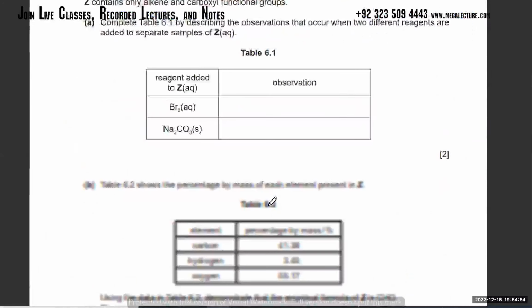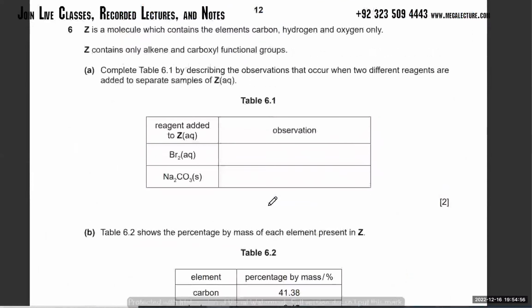बाकी जो next question है, he says that it contains an alkene and a carboxylic functional group. So if you add Br2, the red-brown bromine will get decolorized because it's an alkene. Or दूसरा Na2CO3.